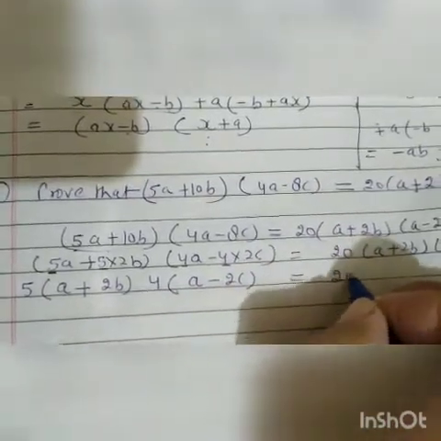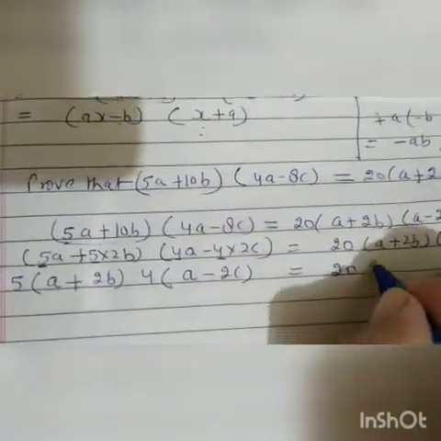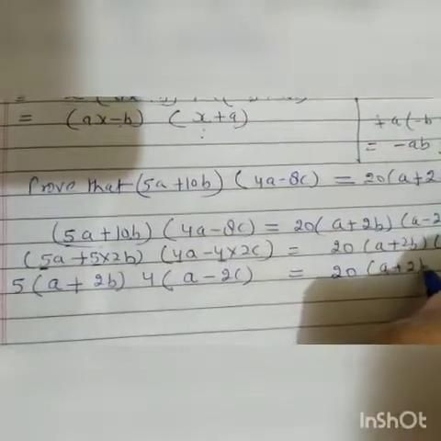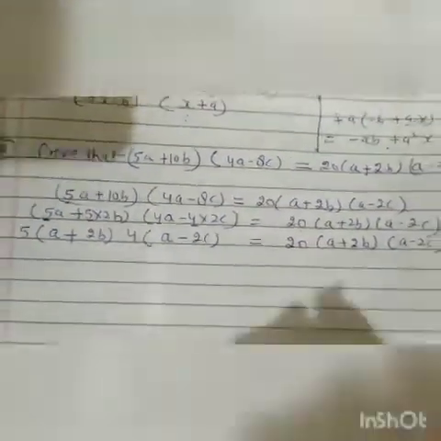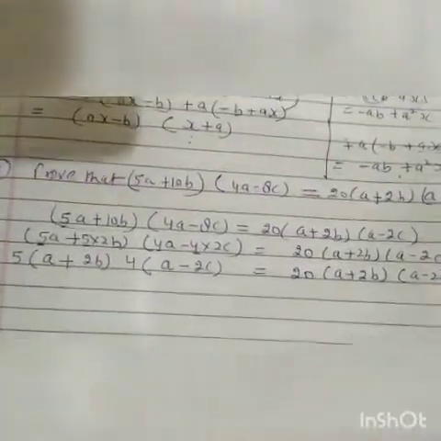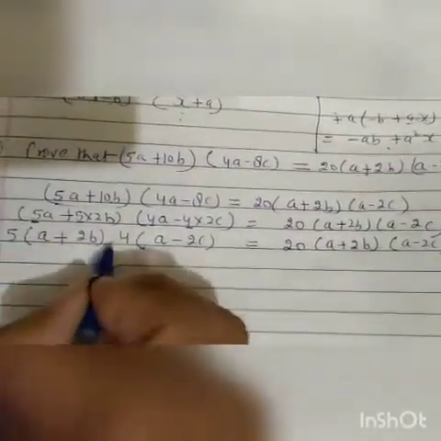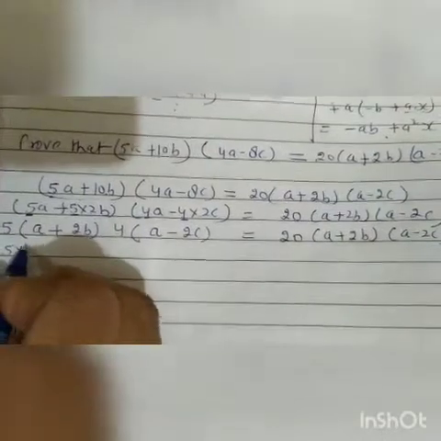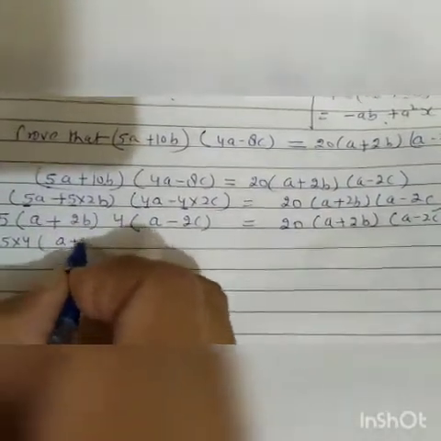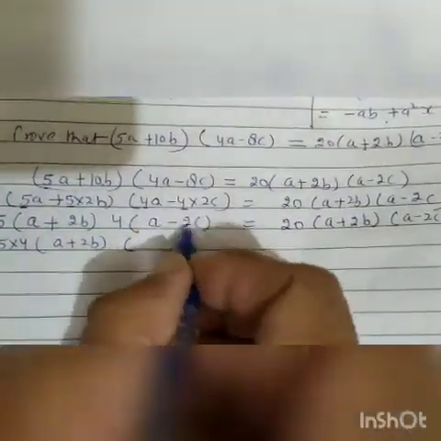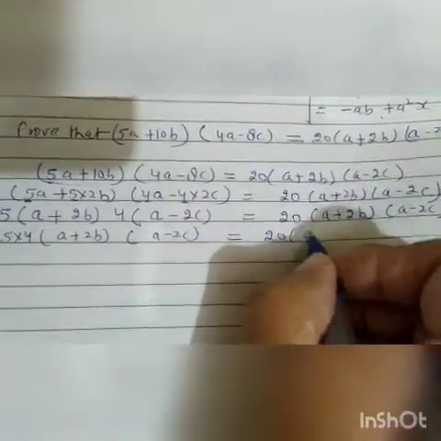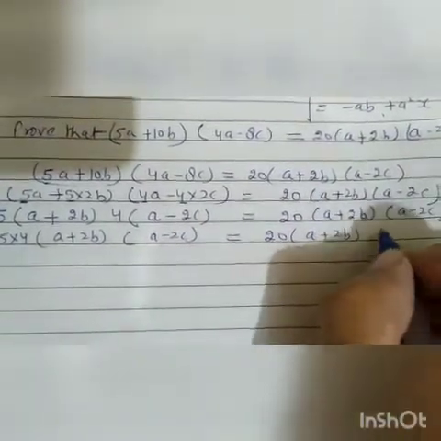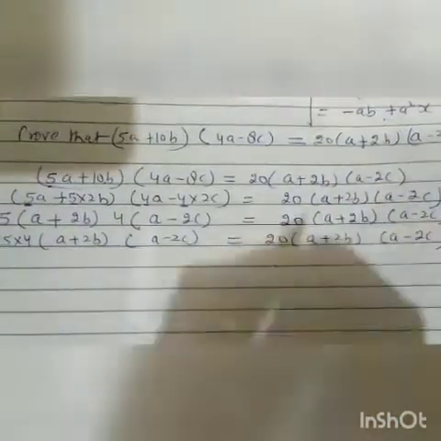We will write the right hand side as it is, 20 into (A plus 2B) into (A minus 2C). Now see, this 5 and 4, it will be multiplied. 5 into 4 (A plus 2B) and (A minus 2C) equal 20 (A plus 2B) (A minus 2C).